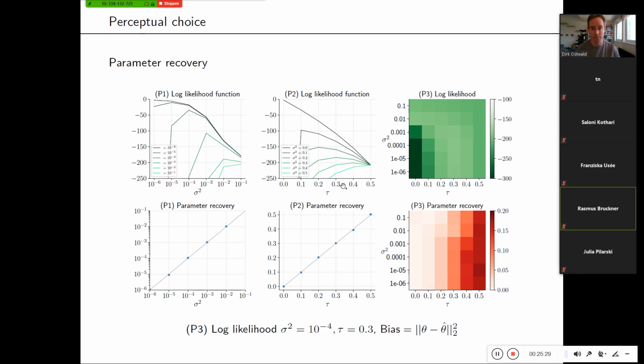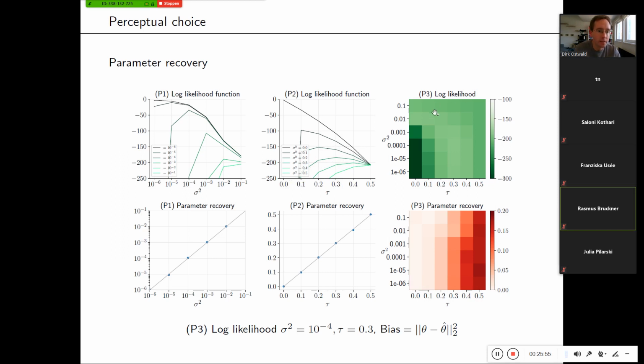This is for the tau parameter in our P2, which only has this action noise parameter. And this looks almost smooth, although I only have 6 values in this parameter space, so 0, 1, 2, 3, 4, 5. And you can again see that the maxima are where they're supposed to be.